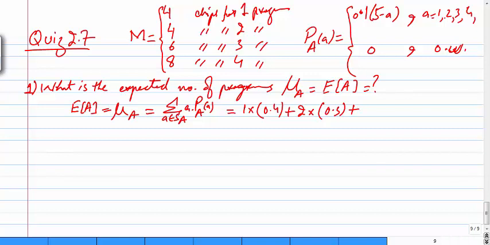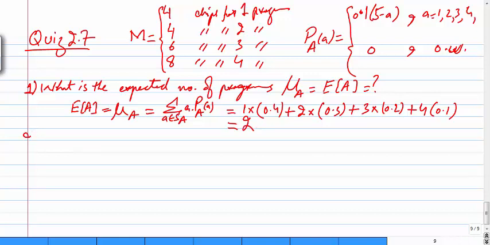Plus, when you put in 3, it is 3 multiplied by 0.2. Similarly, when you put in 4, it becomes 4 multiplied by 0.1. When you solve it, the expected value comes out to be 2.